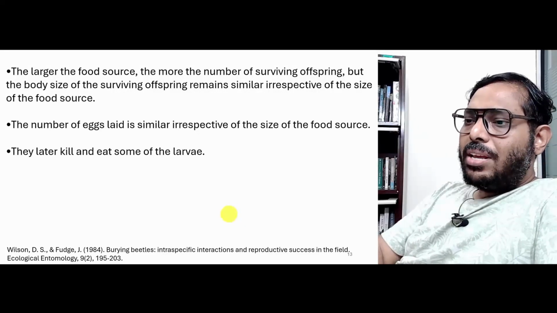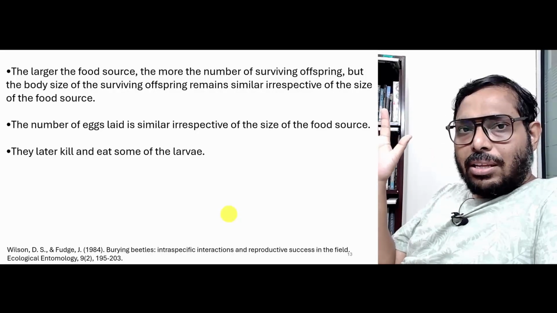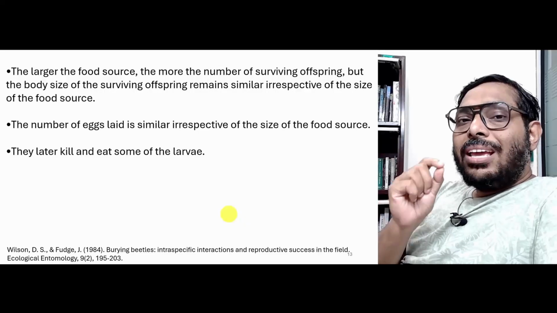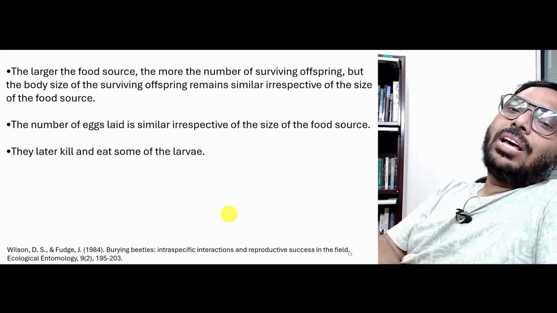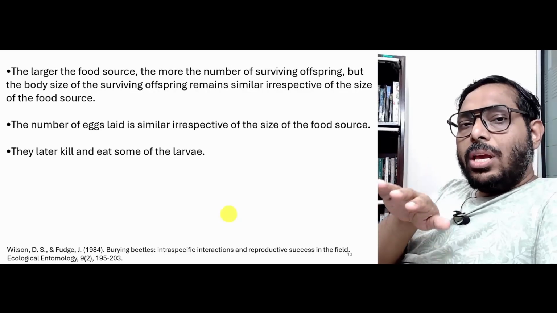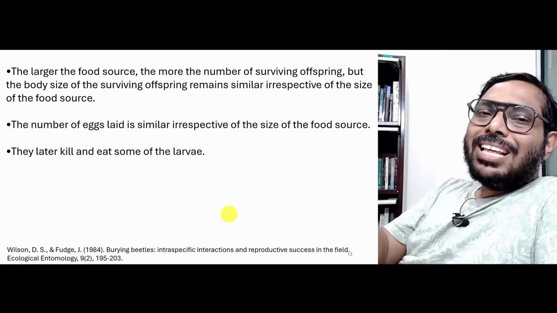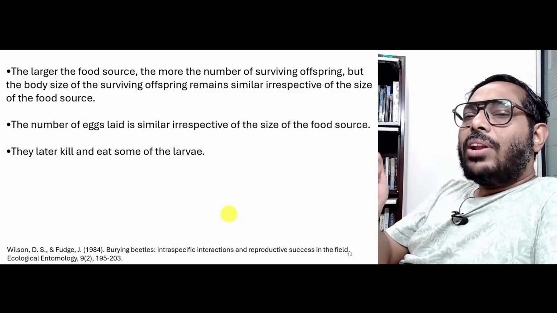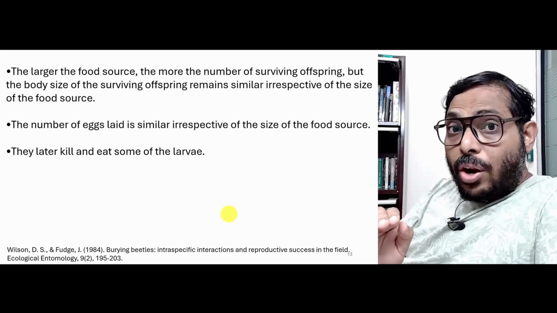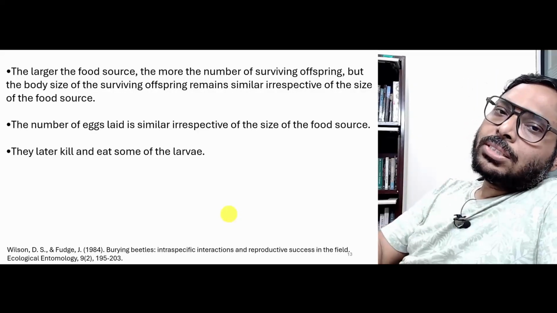What is really happening is that they lay as many eggs as they want to, but later they actually kill and eat some of the larvae, and the control they exert is proportional to how much food they have. When they have more food, they kill fewer larvae; when they have less food, they kill more larvae. But what they ensure is that the amount of food available per larva is more or less constant.